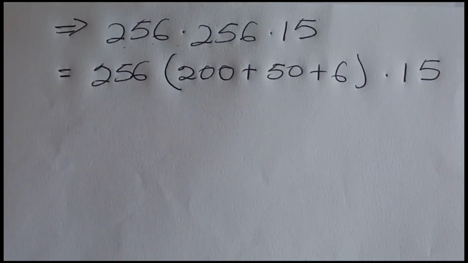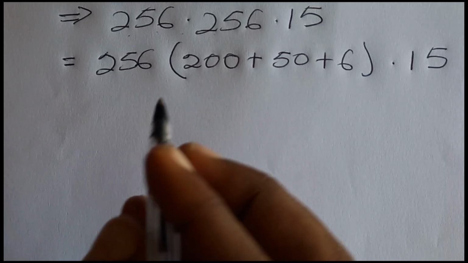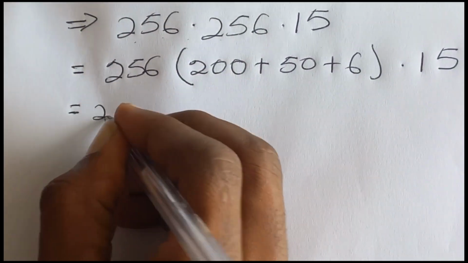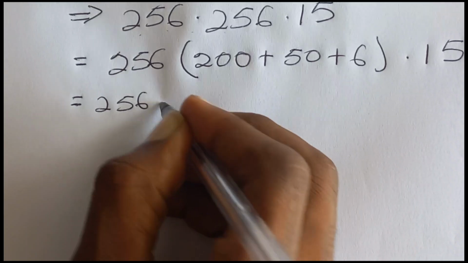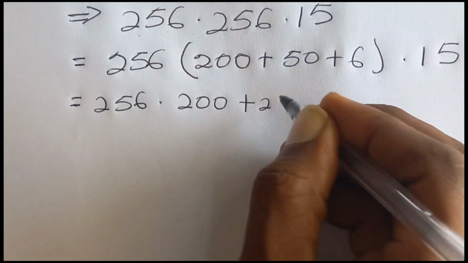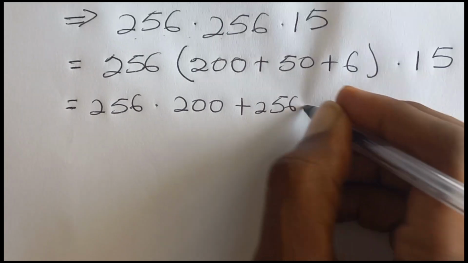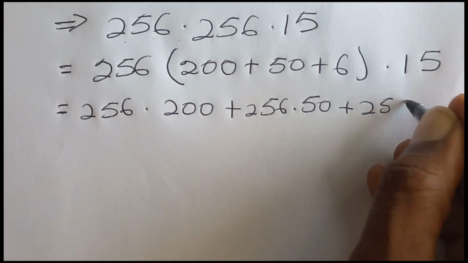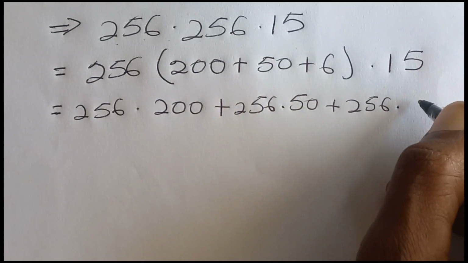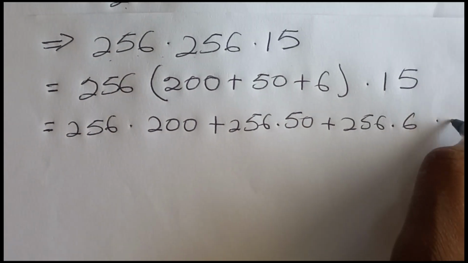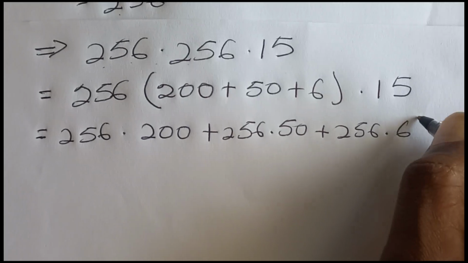So it's the same as 256 multiplied by 200 plus 256 multiplied by 50 plus 256 multiplied by 6, then times our 15. So let's put this in a bracket.